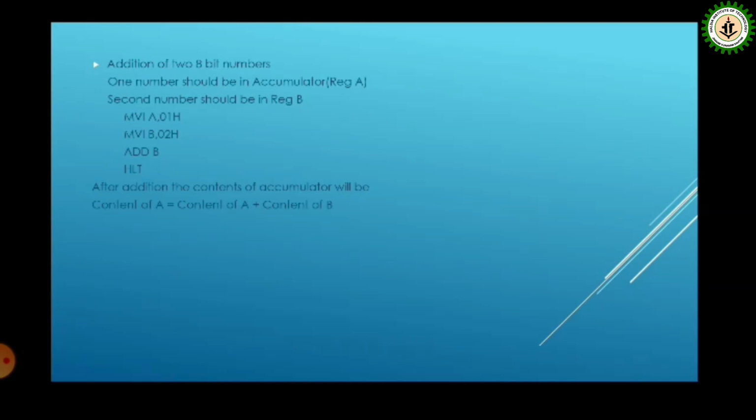That means this very simple addition program, addition of two 8-bit numbers, takes 6 bytes of space. After addition, the content of the accumulator is equal to the content of the accumulator plus the content of register B. That is, the accumulator content is variable. The new content of the accumulator will be the old content of the accumulator plus the content of register B.